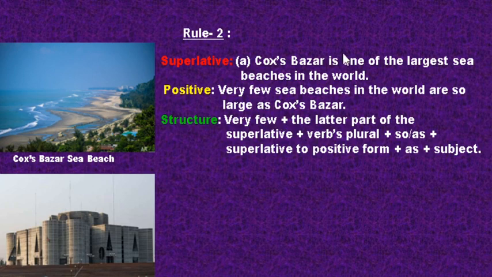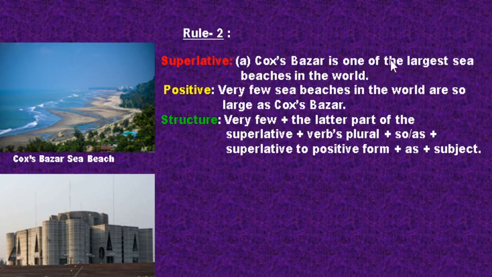Then you have to use the later part of the superlative form. Here the later part of the superlative is sea beaches in the world. Very few sea beaches in the world are so large as Cox's Bazar. So at first, according to the structure, you have to use very few.